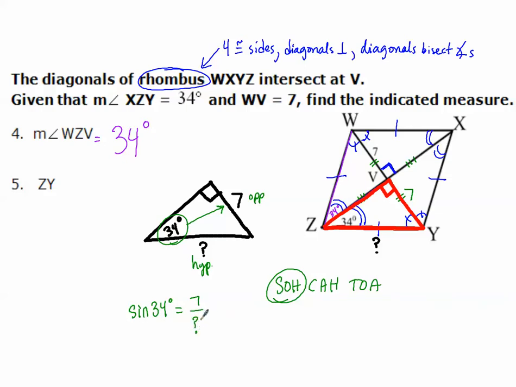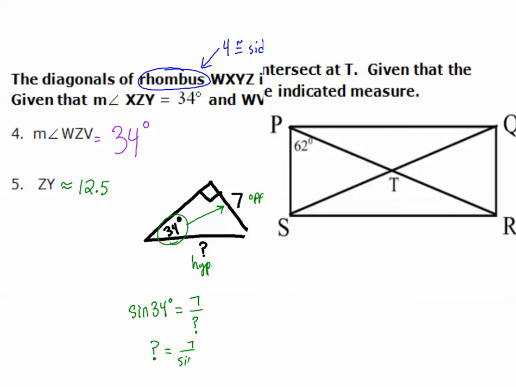What do we do when the variable's in the bottom? Interchange property. Question mark equals 7 divided by the sine of 34 degrees. Now, make sure your calculator is in degree mode. 7 divided by the sine of 34 degrees is approximately 12.5. So we get about 12.5 for ZY.